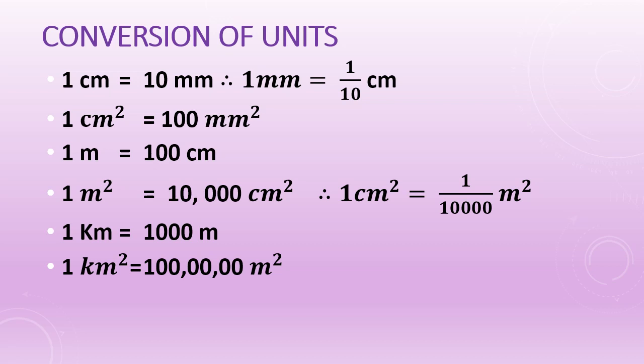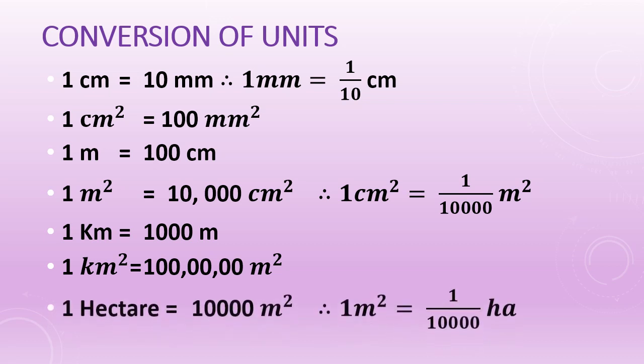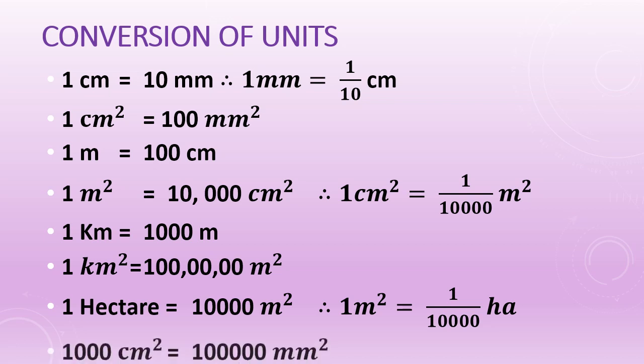Therefore, 1 kilometer square equal to 10 lakh meter square. 1 hectare equal to 10,000 meter square. Therefore, 1 meter square equal to 1 upon 10,000 hectare. 1000 centimeter square equal to 1 lakh millimeter square.